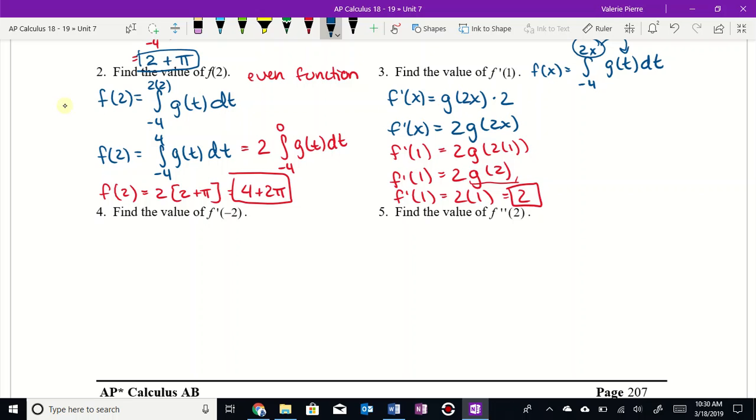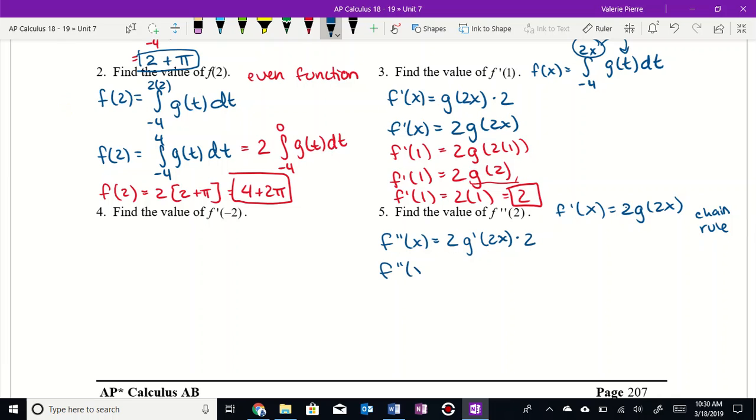So number 5, we want g double prime of 2. We know that f prime of x is equal to 2g of 2x. So if we want f double prime, we're going to have to use the chain rule. So we have f double prime of x equals 2, derivative of the mama with the baby, times the derivative of the baby, which is 2.